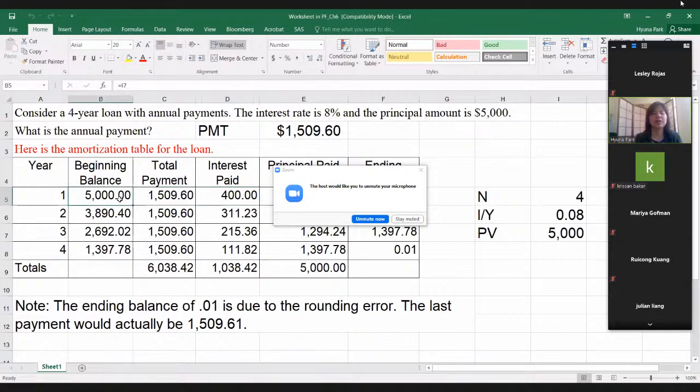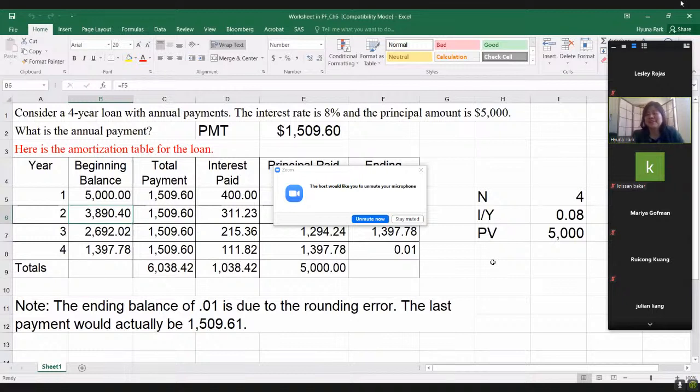The beginning of the year balance multiplied by the interest rate. And the rest is the principal. So the total annual payment minus the interest payment is the principal payment. After the principal paid, the ending balance is this. The end of the first year balance is the beginning of the second year balance. So you can calculate like this.